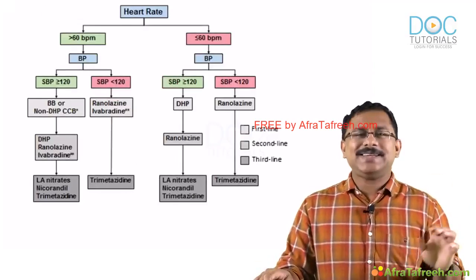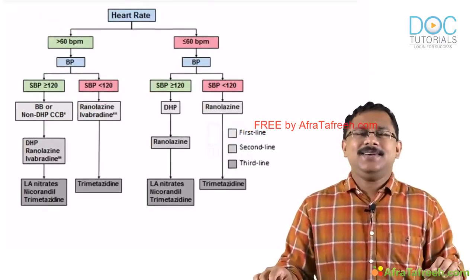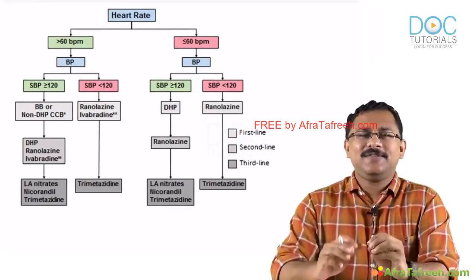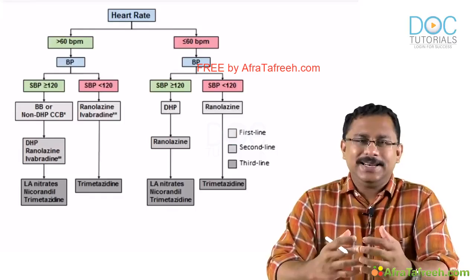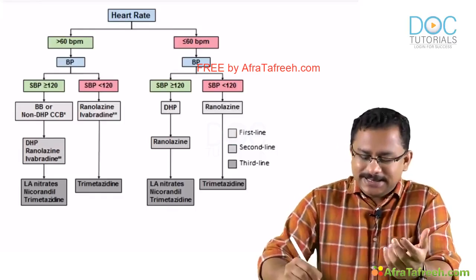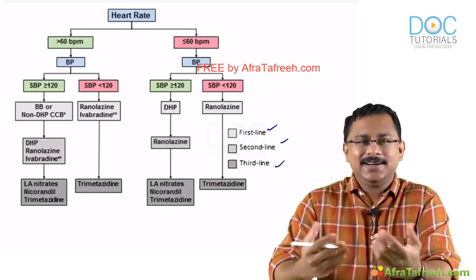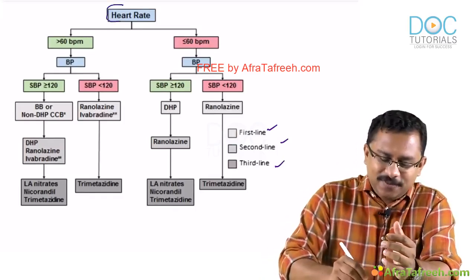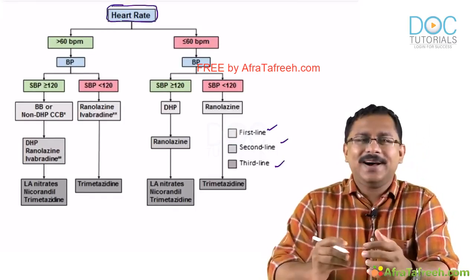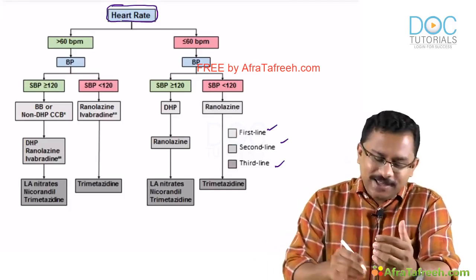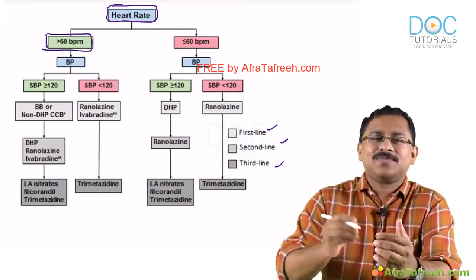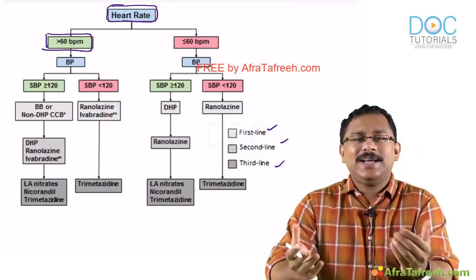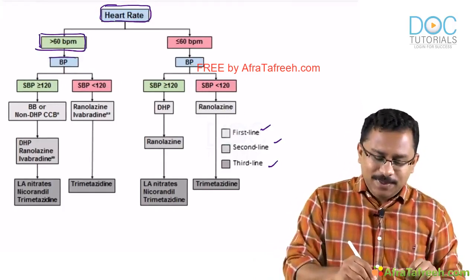So the European Society of Cardiology says that for the choice of agent for chronic stable angina, you have first line agents, second line agents and third line agents. How do you decide? You first look at the heart rate of the individual. If the heart rate is more than 60, then you look at the blood pressure.